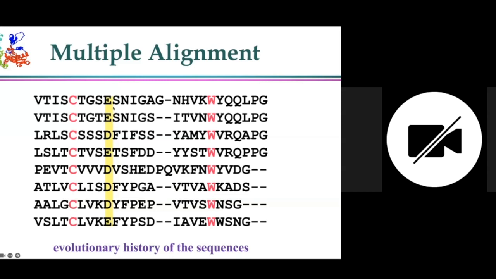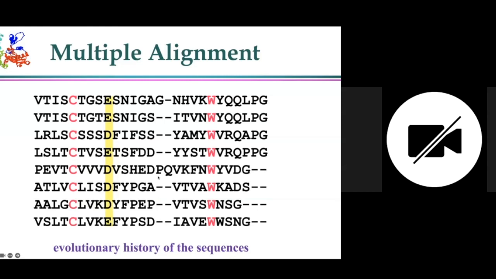But you also see some positions that are not fully conserved, but here highlighted in yellow, they are negatively charged. So E and D, they both carry one negative charge. And in other parts you see gaps.